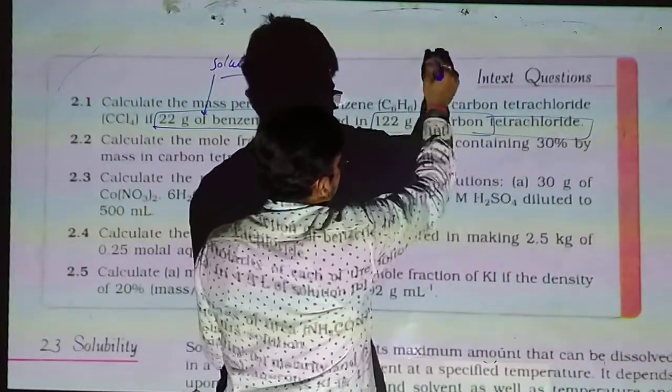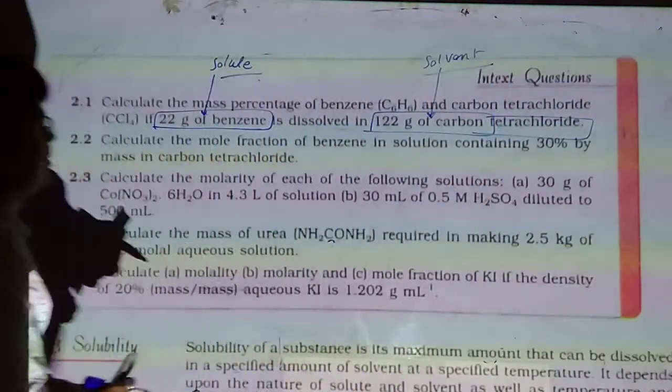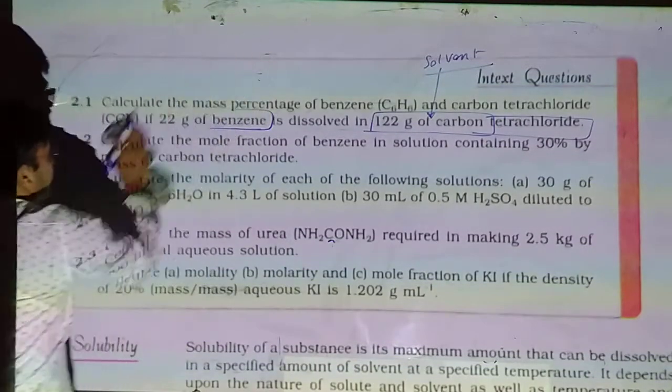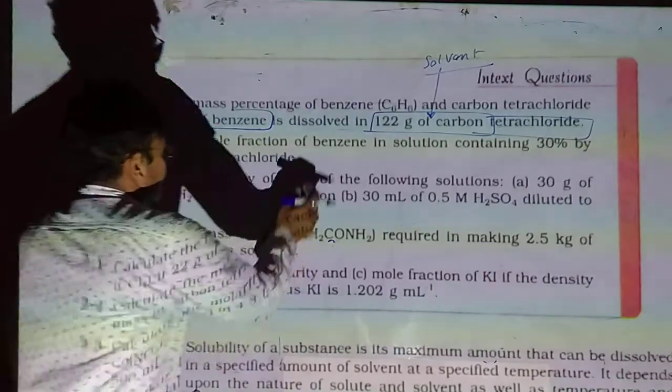This one is our solvent. Major part is solvent, minor part is solute. Mass percent of the benzene and mass percent of the carbon tetrachloride we have to derive.